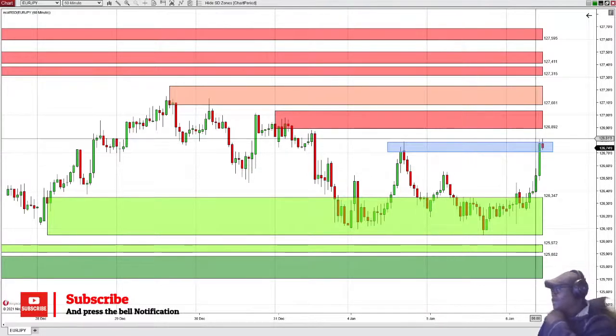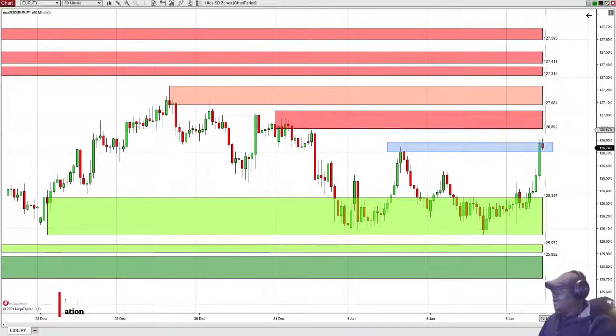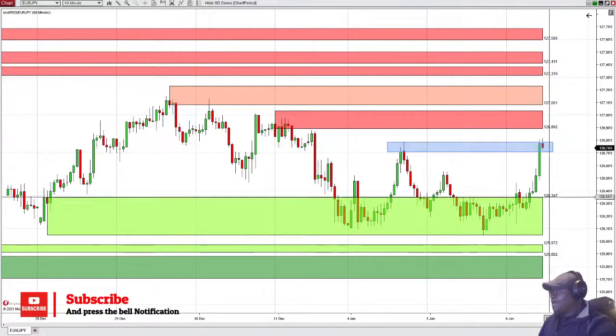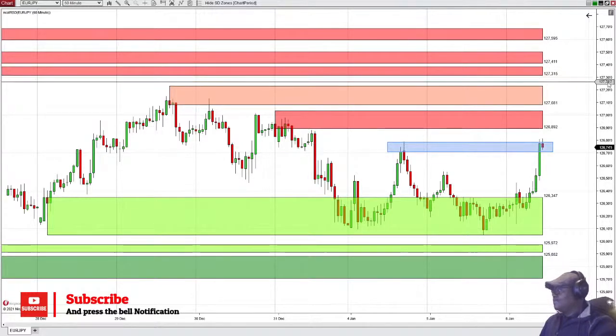A little bit on here. There's a reaction on this one, but I prefer this one to come to this one. Then I can look for shorts from here down. Euro Yen.